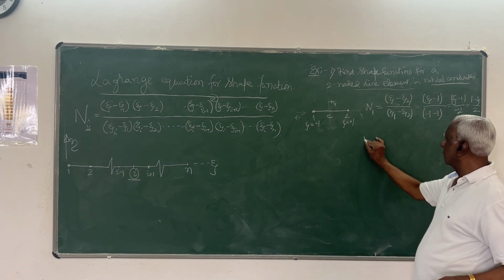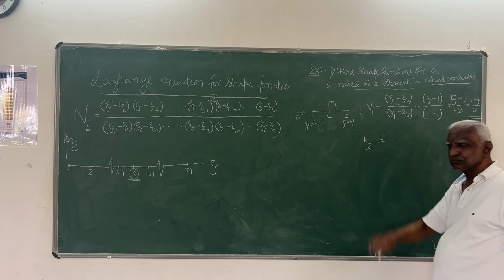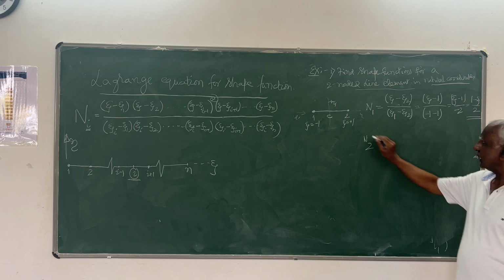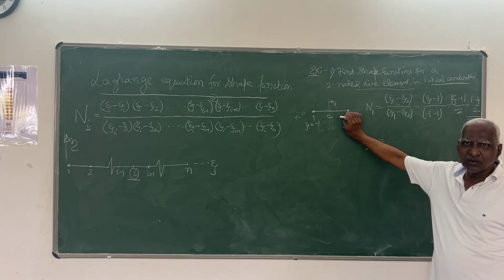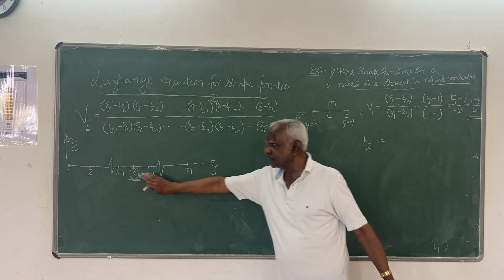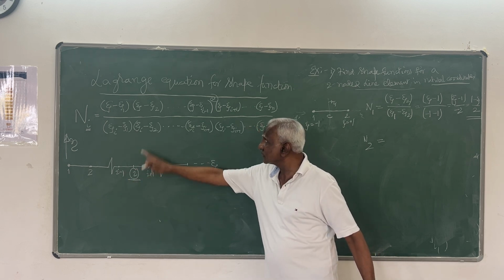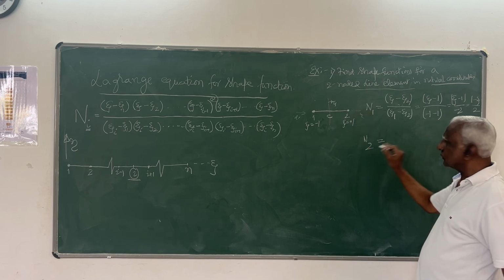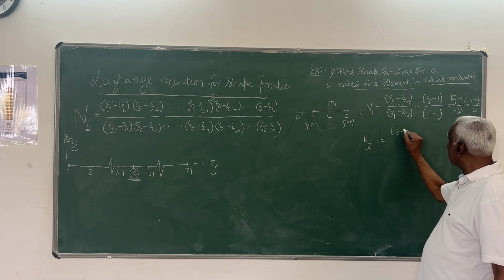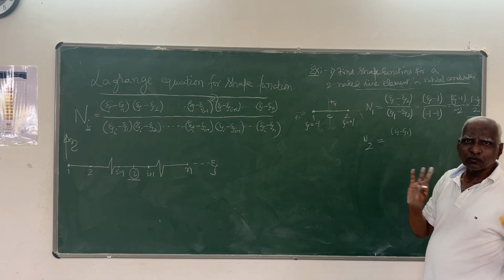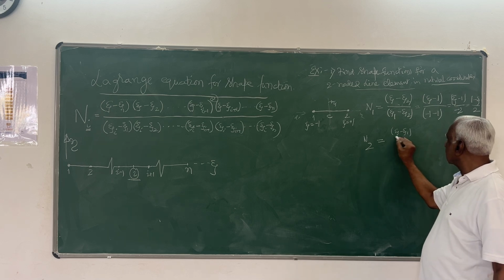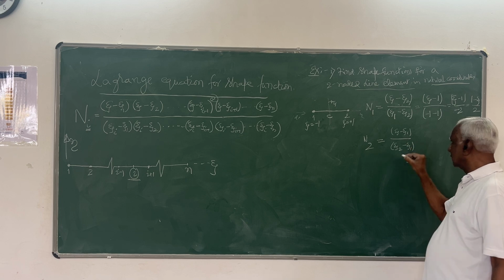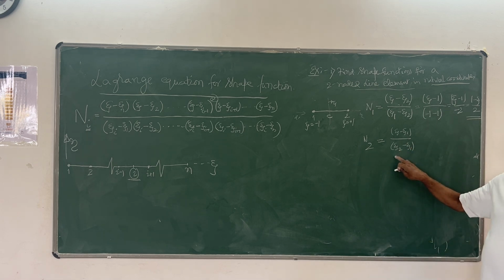So you can write N2, it is 1 plus psi by 2, we will see that. N2 means this node 2 I have to forget, because here psi is not there, only the other node. So psi minus psi 1, only 1, no other nodes, divided by psi 2 minus that node.